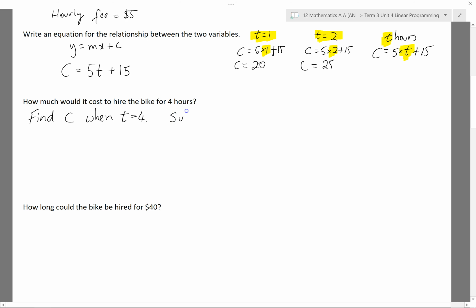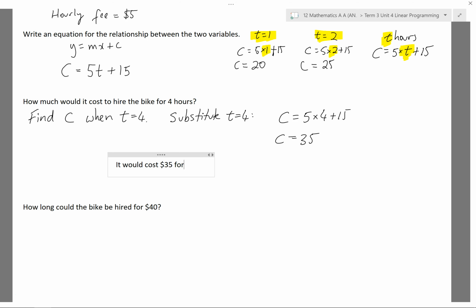So I'm going to substitute t equals 4 into the equation. The cost will therefore be 5 times 4 plus 15. The cost is $35. And since I was asked the question in words, I'll give my answer in words as well. It would cost $35 to hire the bike for 4 hours.